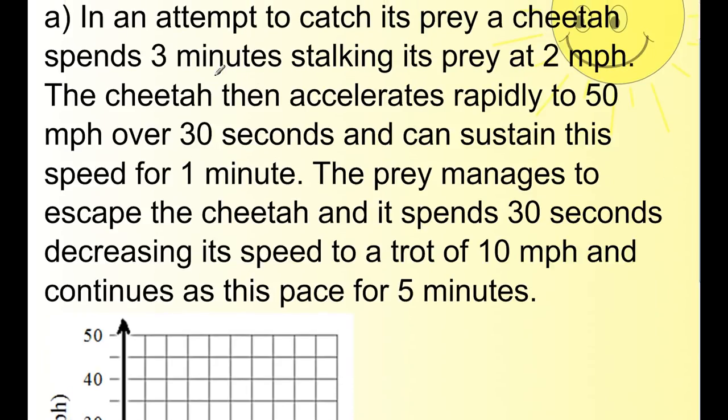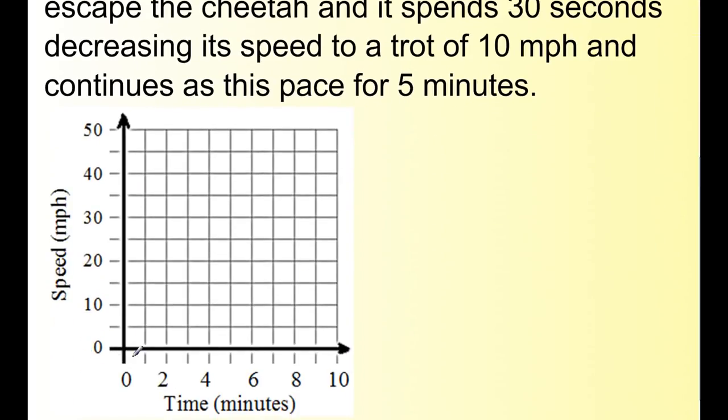In an attempt to catch its prey, the cheetah spends 3 minutes stalking its prey at 2 miles an hour. All right, so from the very beginning, it's going to spend 3 minutes at 2 miles per hour. So 2 miles per hour is like here, and we're going to do that for 3 minutes. So it's kind of creeping along at 2 miles per hour. There we go.